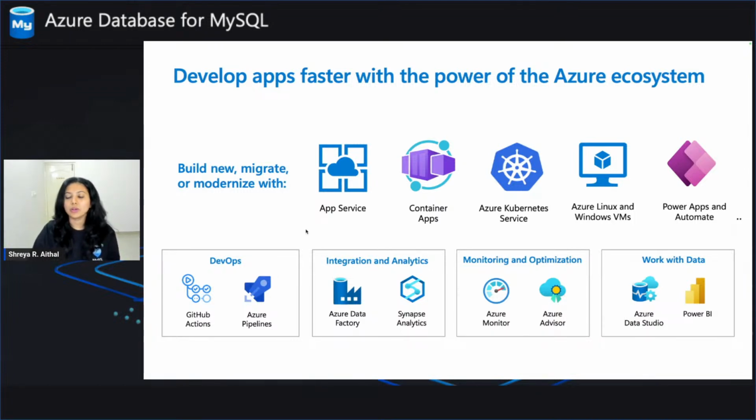Today we are going to talk about, like Jim said, deploying a PHP application on Azure App Service. Around 77% of the websites on the internet are built on PHP, and like Jim said, a majority of these are also based on the LAMP stack.